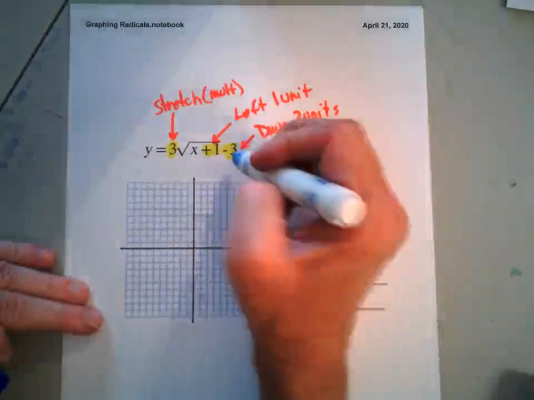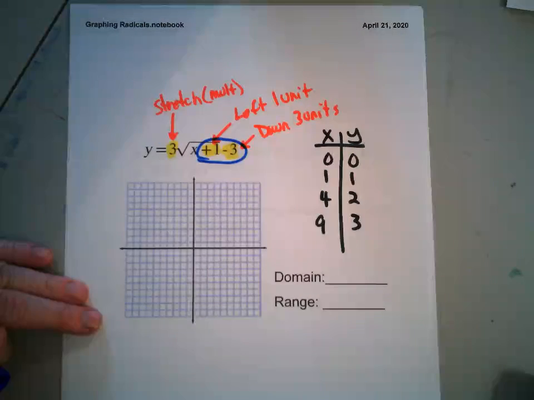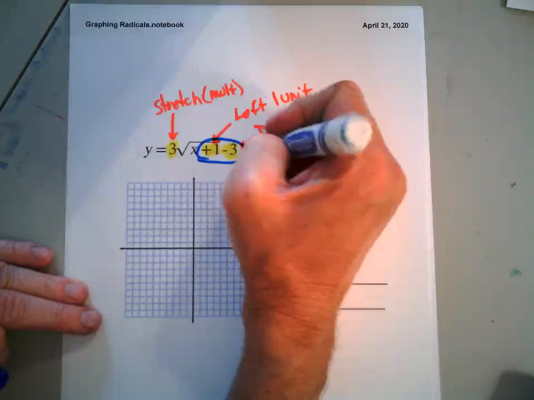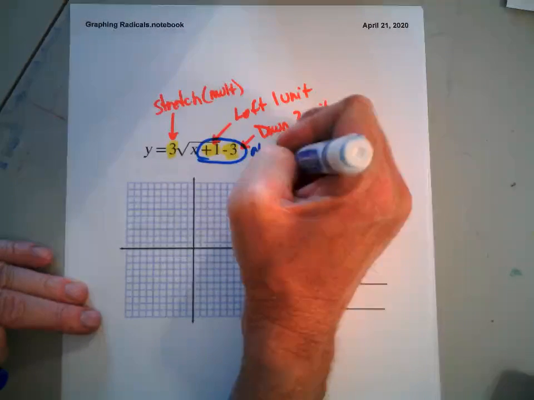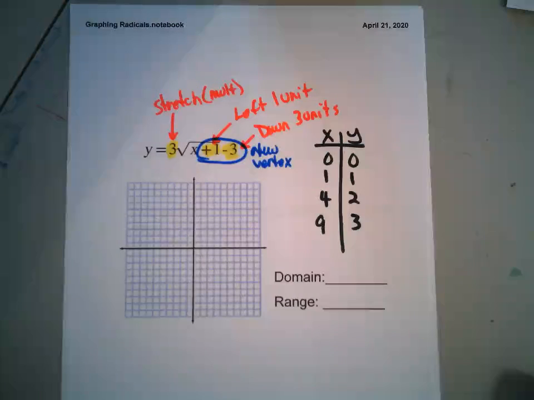So these are the values right here that make up the new vertex. So left 1, down 3.